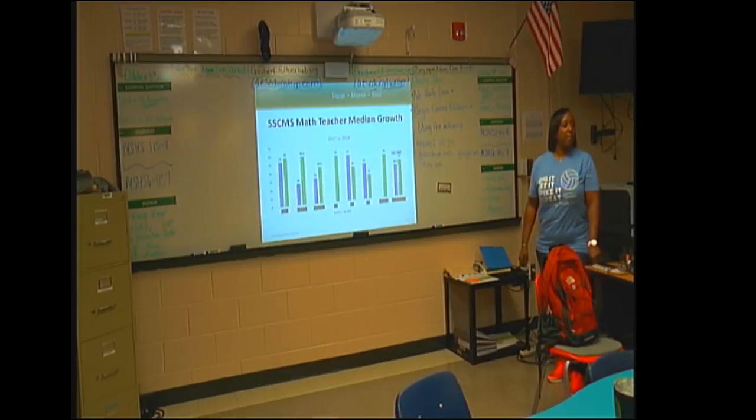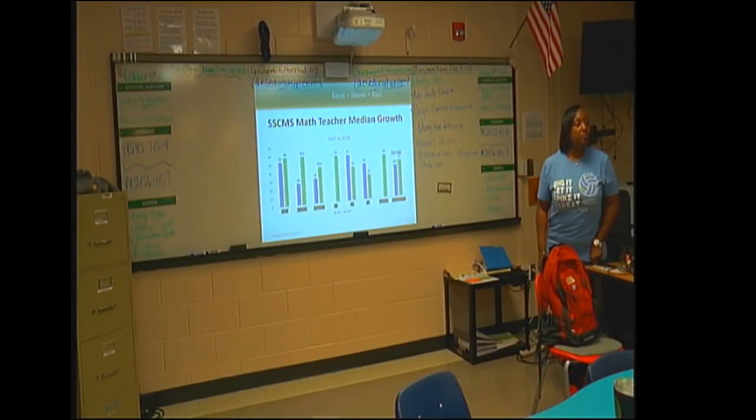I want to make sure I'm looking at this correctly. So you're saying that the purple was that math teacher's growth percentile last year for that group of students, and now the green is what they got this year? This is their student growth percentile for this group of students from 2017.